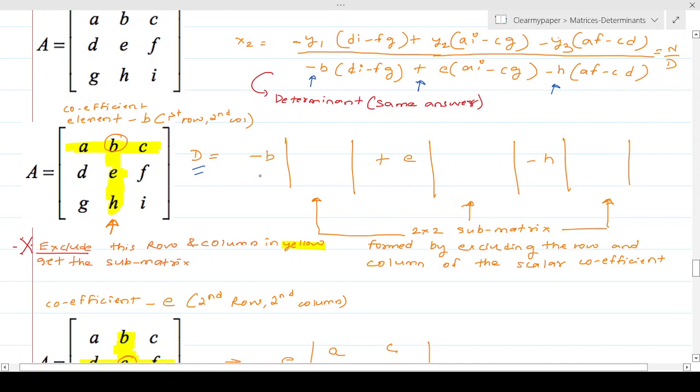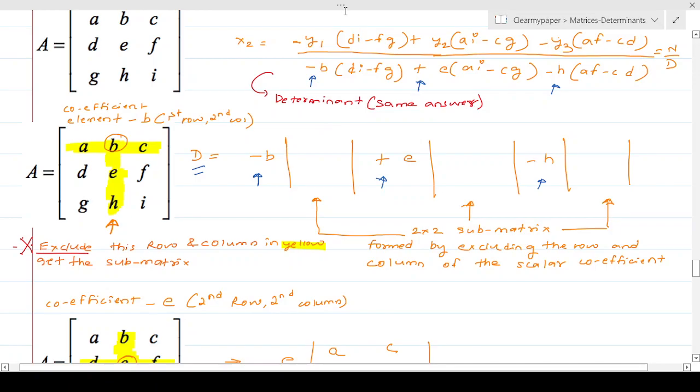I've broken it down, positive and negative. I'm going to write it in the scalar and the submatrix, just like how we explained. So first I've written down all the scalars, minus b, then plus e, and then minus h with alternating signs. And whatever is in the bracket can be viewed as a 2 by 2 determinant because we are stepping down, we are forming a submatrix.